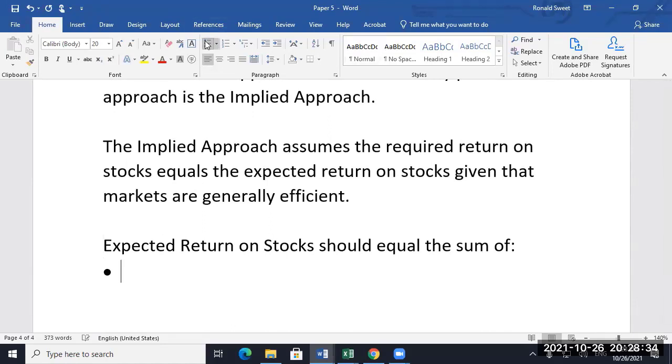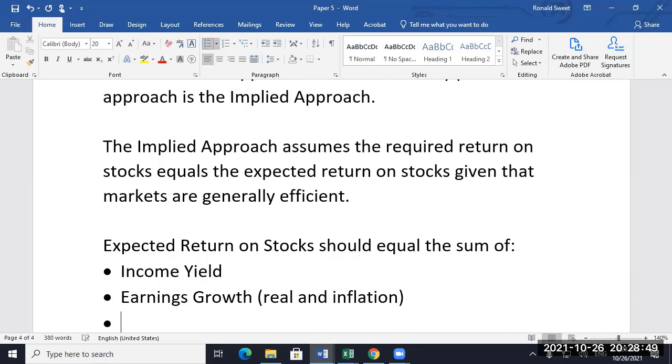So income yield, earnings growth yield, and inflation, and then the pricing, more analysis. If you want to explain why, I explained why last class.